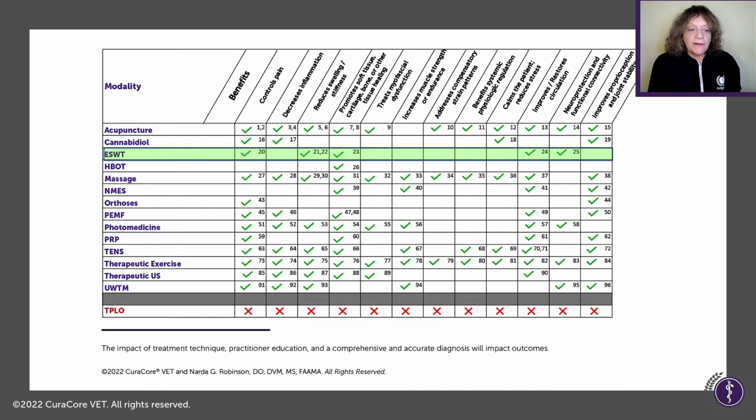So then we have shockwave therapy, which can reduce pain and stiffness and promote healing and also improve circulation and potentially neuroprotection by means of its regenerative value. HBOT, the oxygen therapy, hyperbaric, mostly for tissue healing.